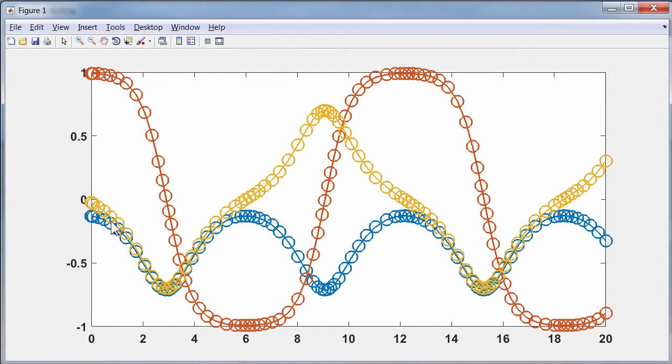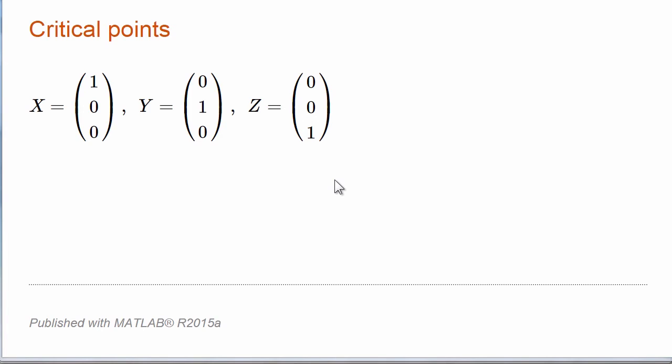Now I want to view these in a different way graphically. The differential equations have these 3 critical points. Any solutions that start exactly on these initial conditions stay there. But what happens if you start near these initial conditions?